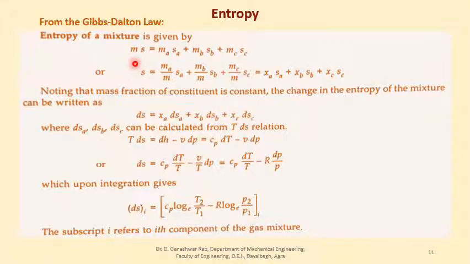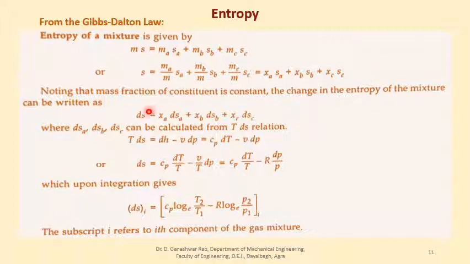Now if you write the equation in terms of specific entropies, then Ms, where s is the specific entropy of the mixture and M is the mass of the mixture, is equal to MAsA plus MBsB plus MCsC, where sA, sB and sC are specific entropies of components A, B and C. Divide by M, you will get this equation, which can be written in terms of mass fraction like this: XAsA plus XBsB plus XCsC. Right?